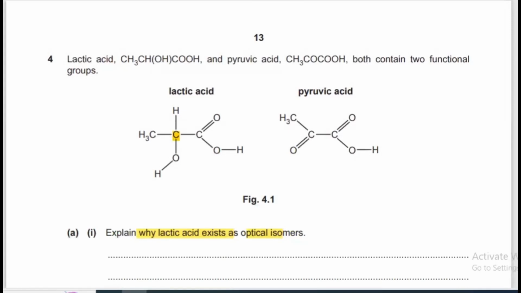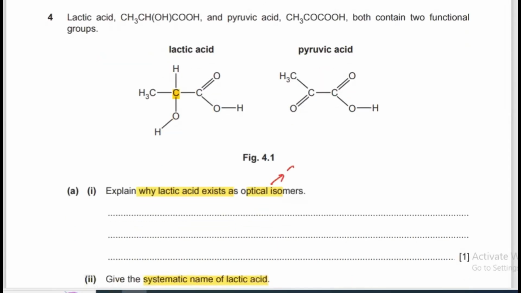Next question. This is lactic acid and pyruvic acid, both contain 2 functional groups. Explain why lactic acid exists as optical isomers. Optical isomerism is a type of stereoisomerism which involves a chiral carbon. A chiral carbon is a carbon which is attached to 4 different groups.